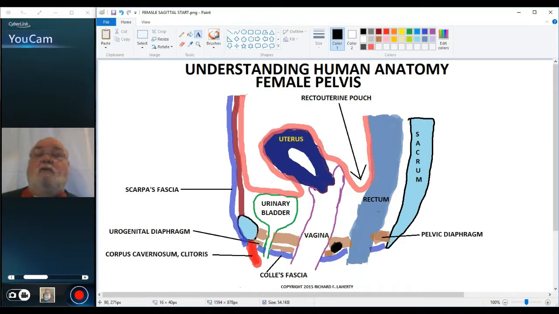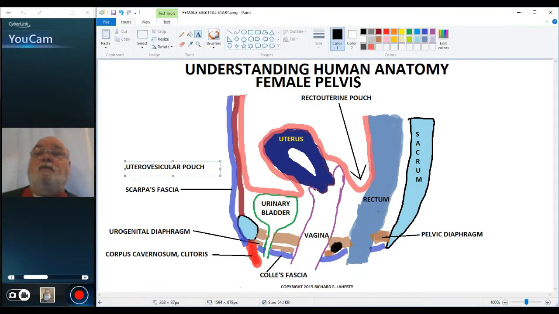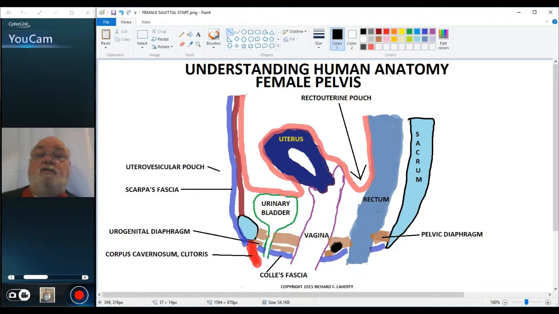And then we will have the uterovesicular pouch, and the uterovesicular pouch is between the uterus and the urinary bladder.